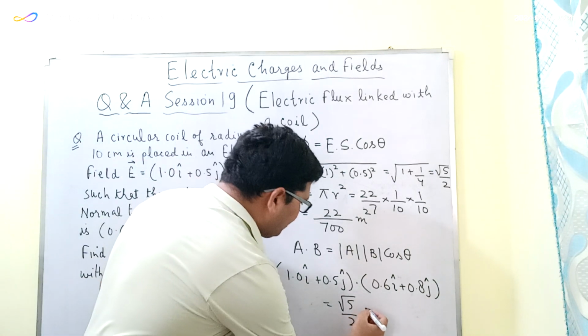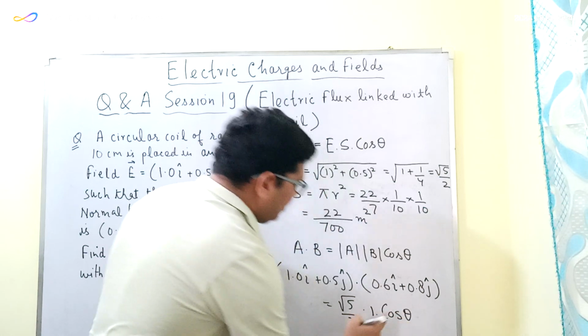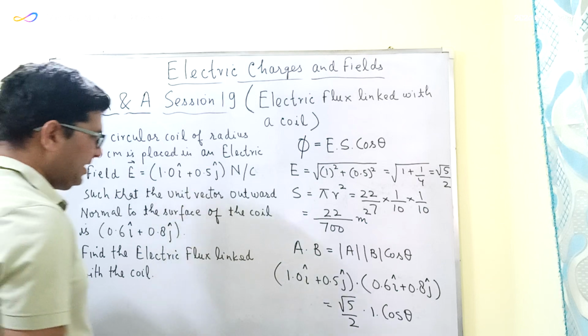So the magnitude of this unit vector will be 1 into cos theta.